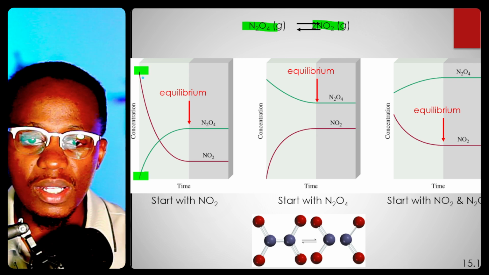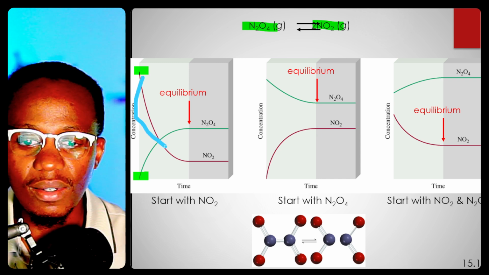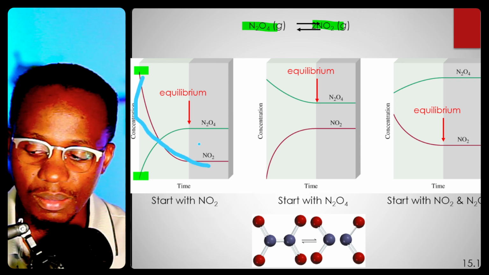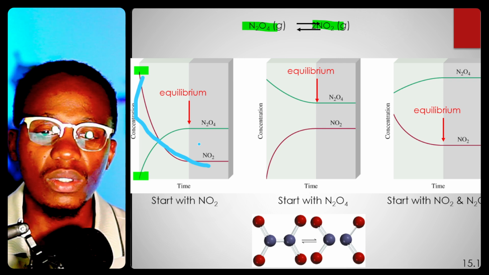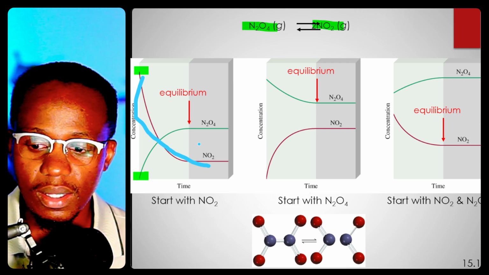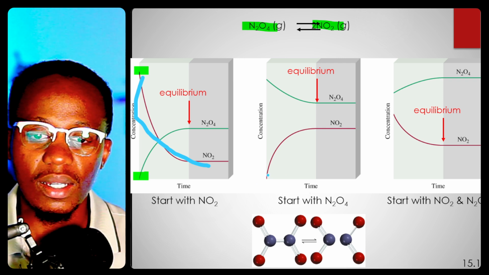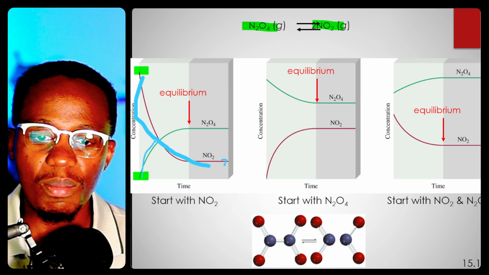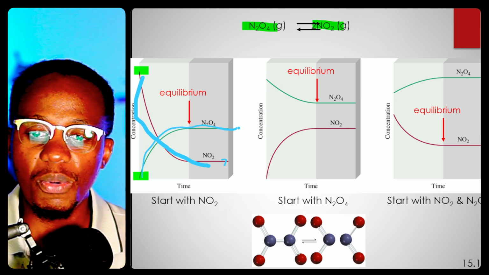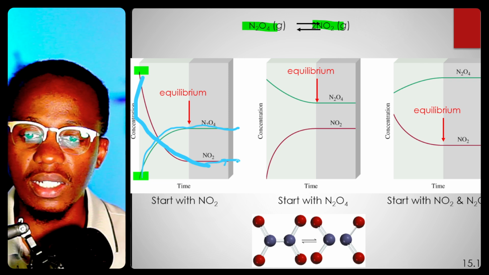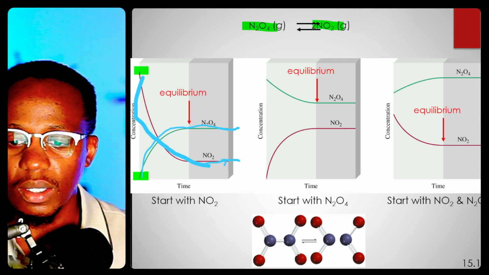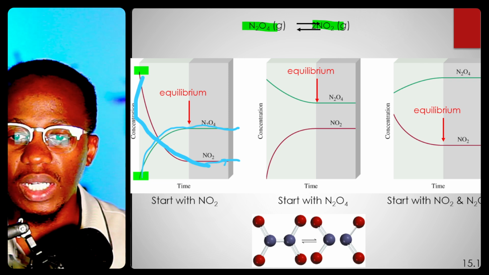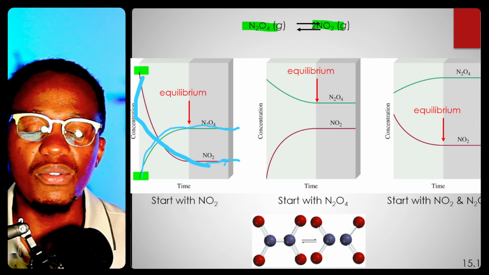Over time, the reactants go down, right? And guess what happens to the products? The products go up, right? But when we get to a point where they are no longer changing, that's when we have reached equilibrium.